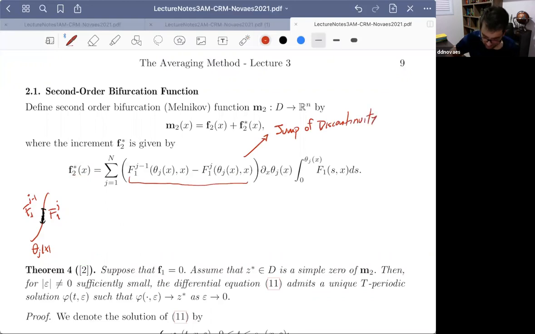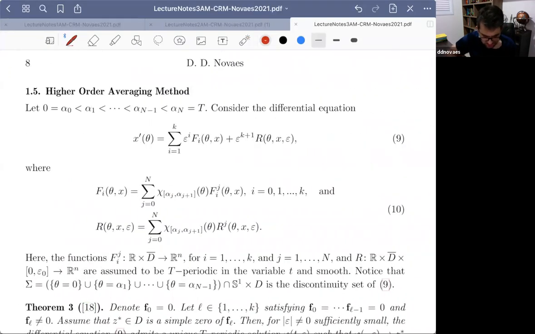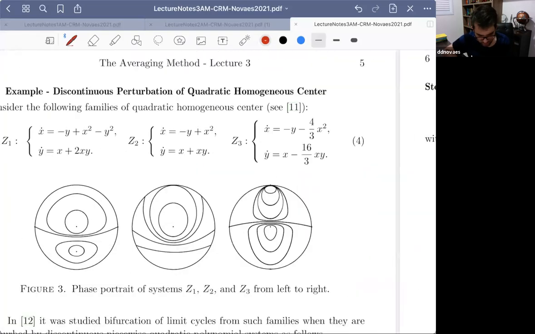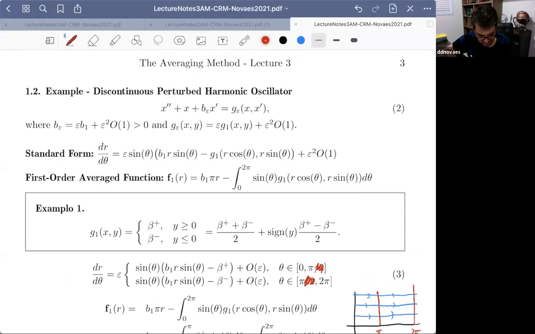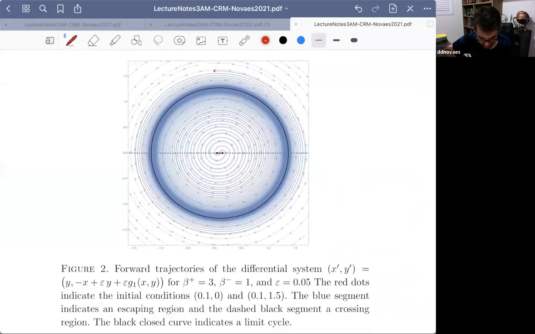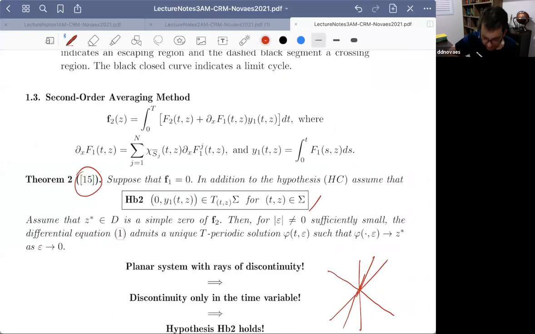Okay, now this term is related with the hypothesis HB2. Let's just recall the hypothesis. Oh, sorry, it's here. This hypothesis HB2 is saying that this vector must belong to the tangent space. So let's see what's happening here.